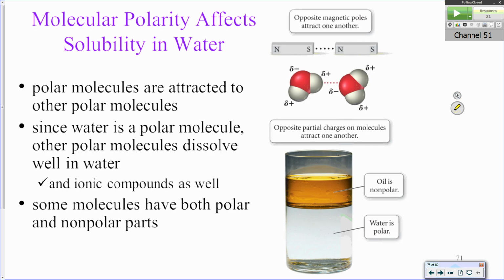Okay, so the big influence that we have is that the polarity of molecules starts to interact with one another the same way that the poles of a magnet would. So polar molecules are attracted to other polar molecules. Water is a polar molecule, so it attracts other polar molecules to it and causes them to dissolve in it, as well as ionic compounds. We talked about the solubility rules earlier in the semester about some things would dissolve and some things would not.